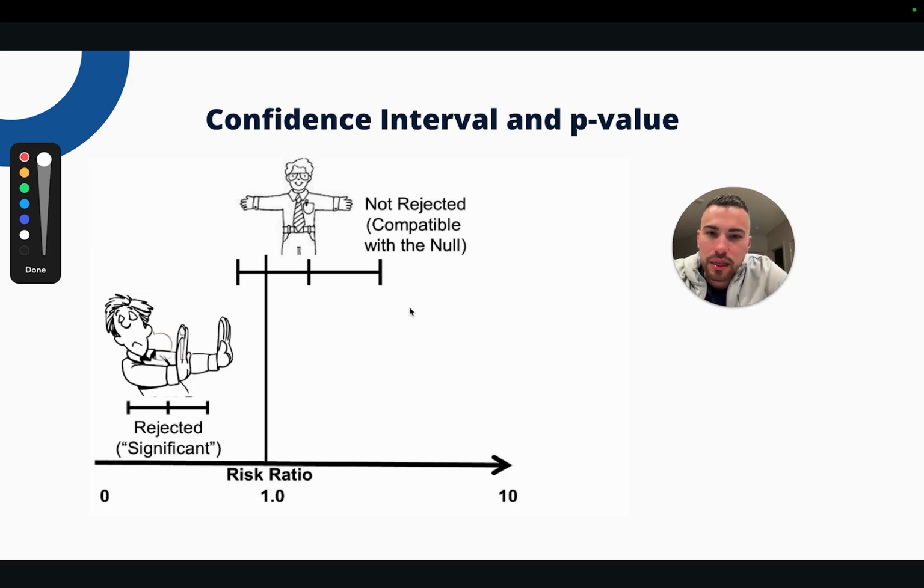That means that it's not significant. But when the confidence interval is not touching that zero or that number that means no effect, our hypothesis is not rejected, which in other words will claim significance.